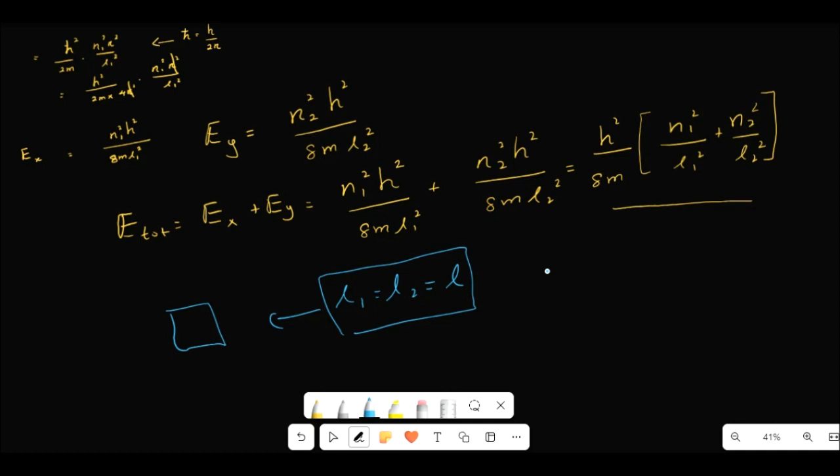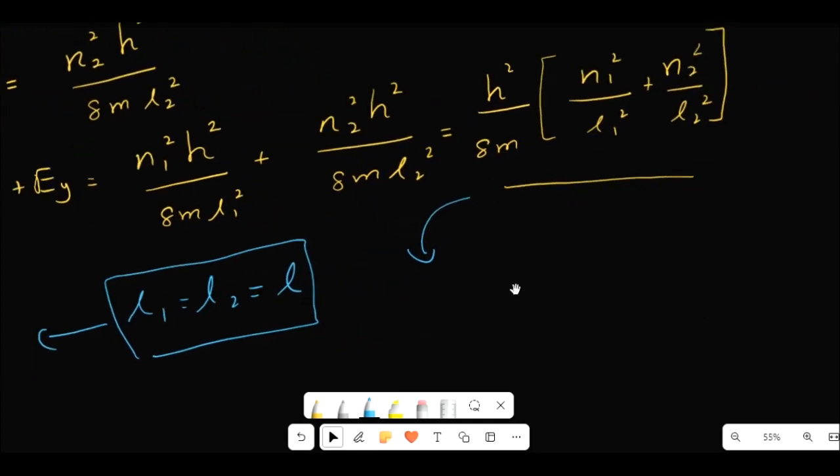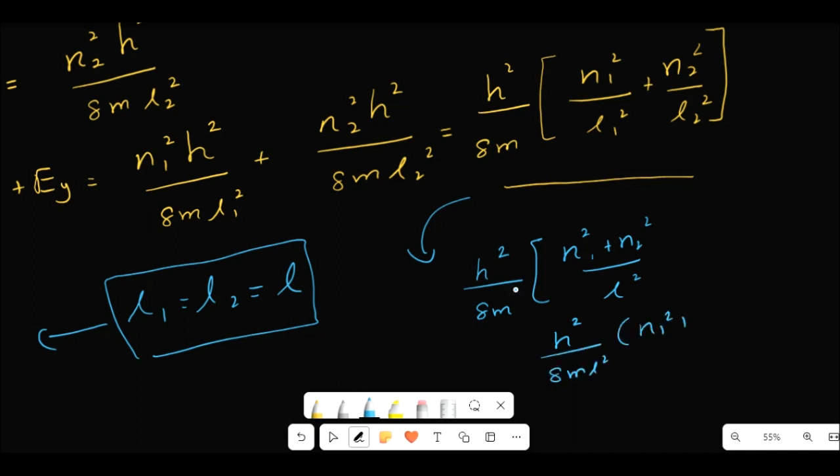Then you can see there is another small simplification that can be done. h squared over 8m, here n1 is the same, but the L1 and L2 terms are now the same, so n1 squared plus n2 squared over L squared, which we can write as h squared over 8m L squared times n1 squared plus n2 squared. This is our total energy term for the 2D box. So in the next video we're going to talk about the normalization in the 2D box.